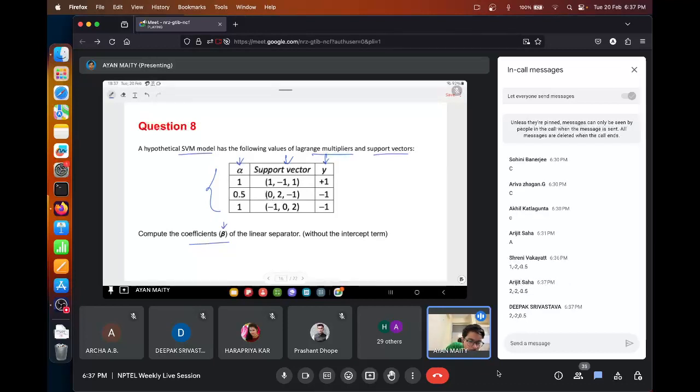Deepak Srivastava is also saying the same answer, 2, minus 2, 0.5, not minus 0.5. VG Satish Singh: 2, minus 2, minus 0.05.